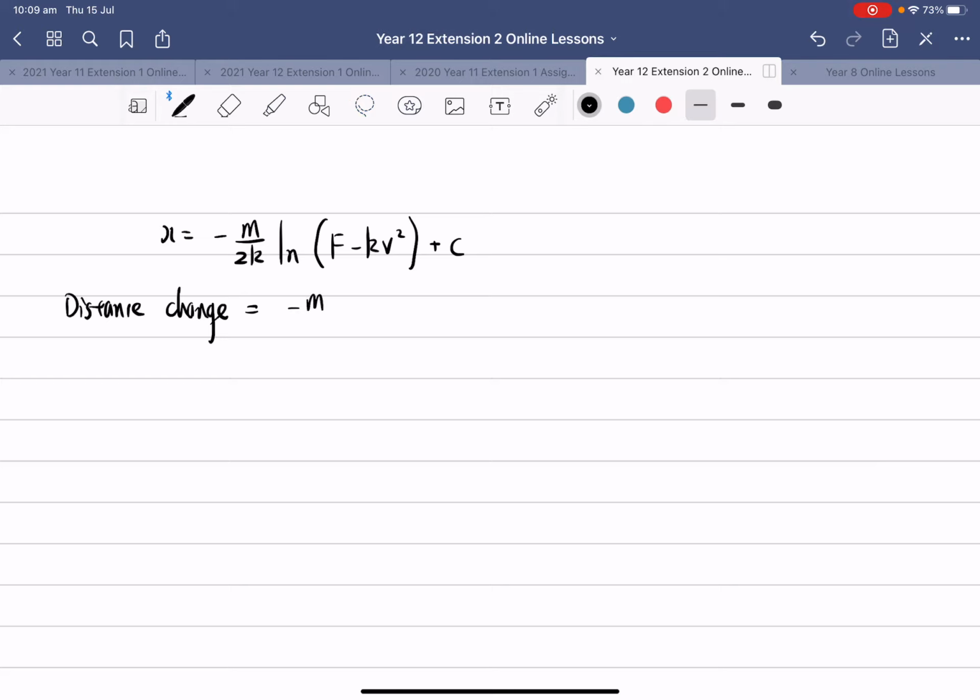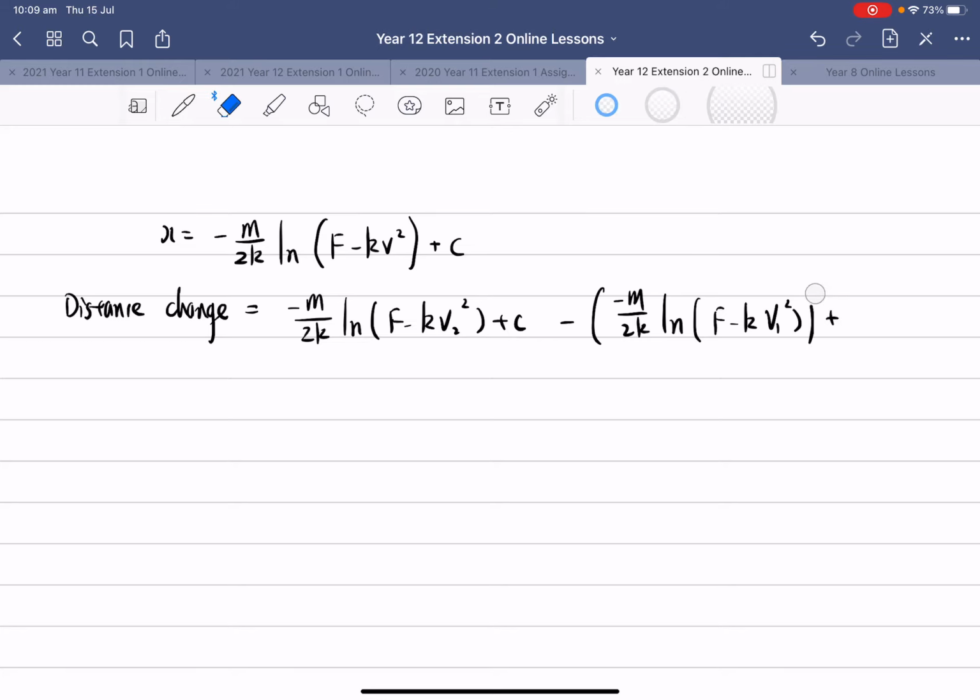So that becomes negative m over 2k ln f minus kv2 squared plus c minus, then we substitute the V1, okay, plus c. So plus c should be here.